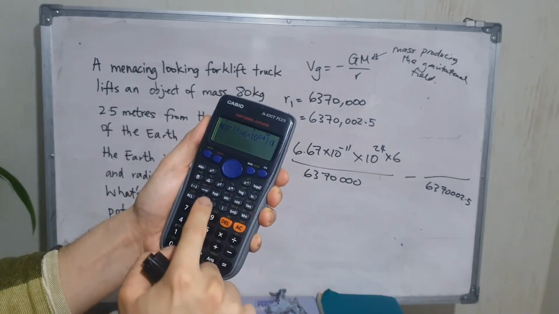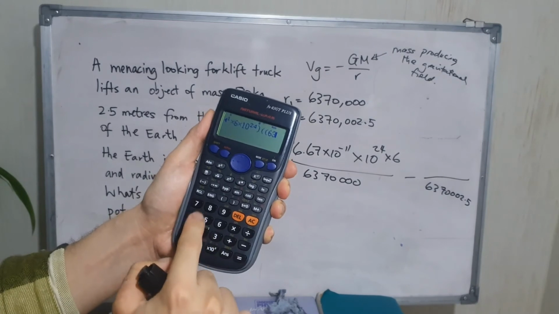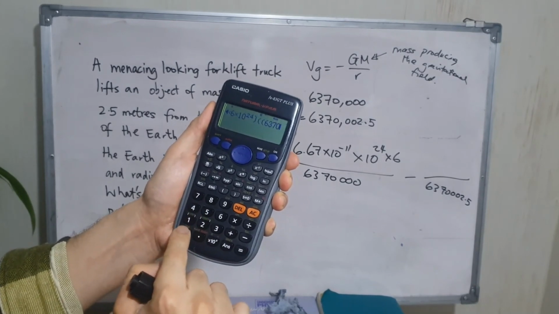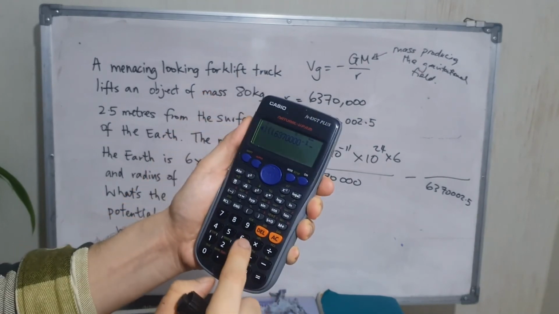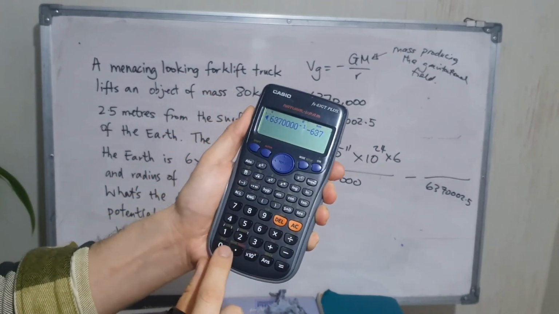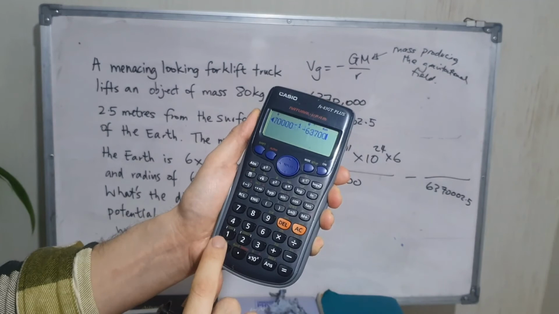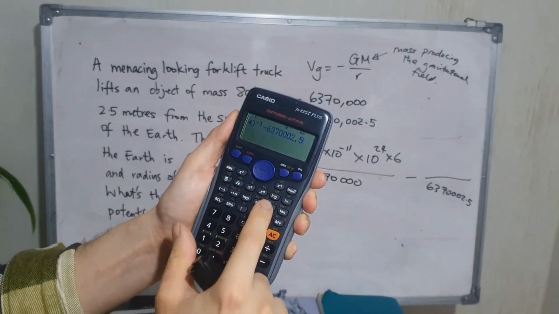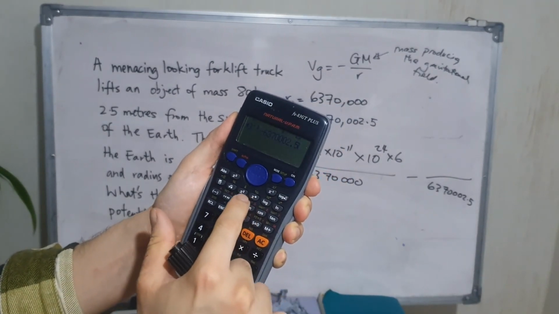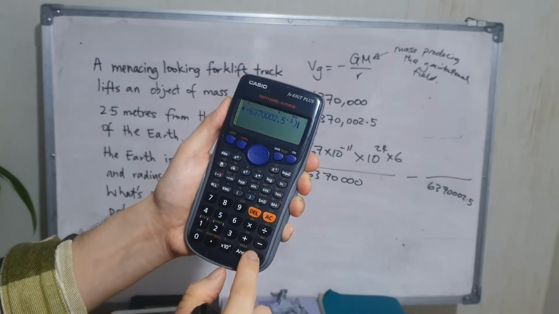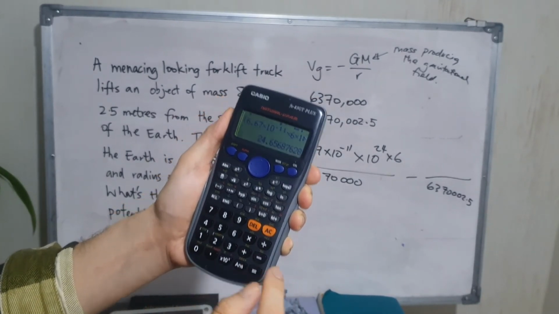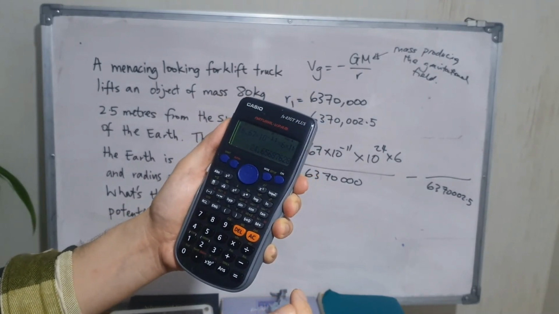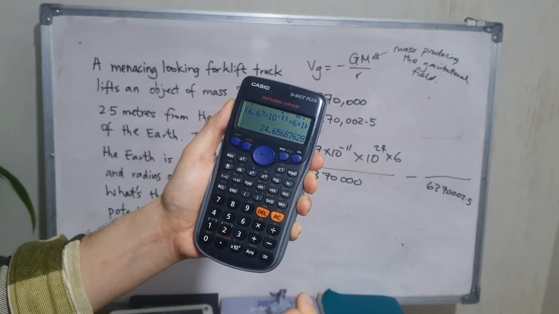And then I'm doing 6370000 to the power of minus 1 minus 6370002.5 to the power of minus 1, and close brackets. So that gives you 24.656. We can do it to 2 decimal places, 24.66.